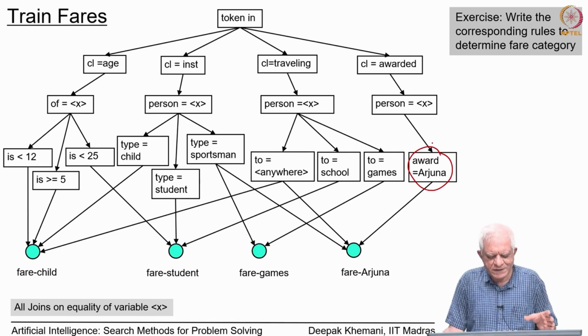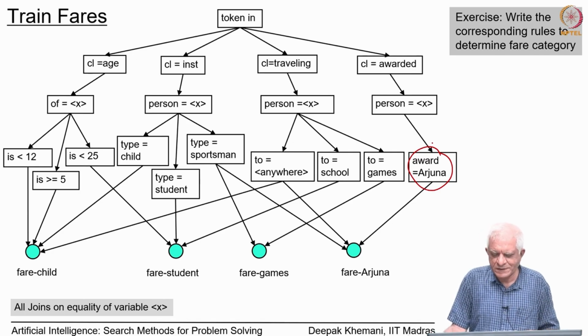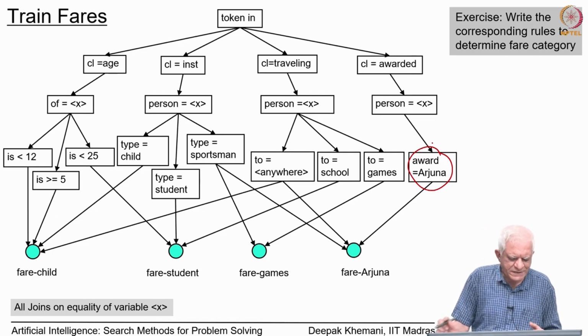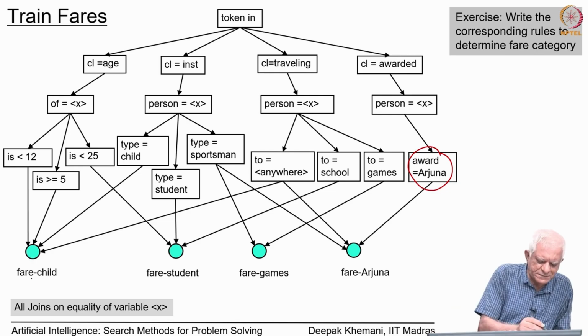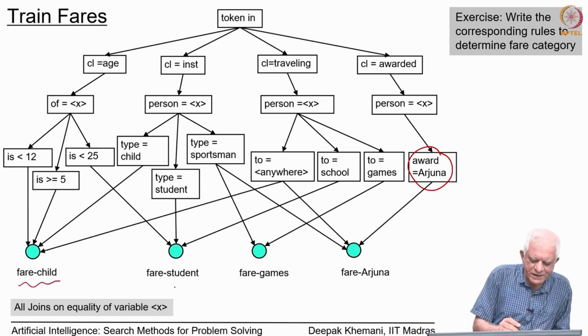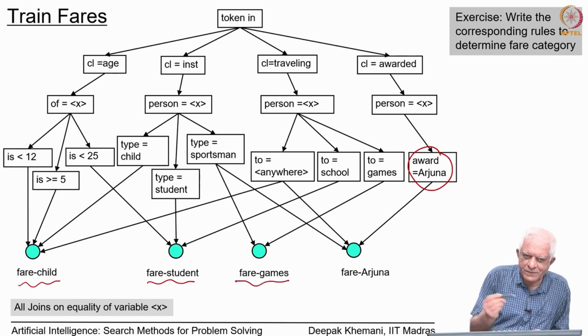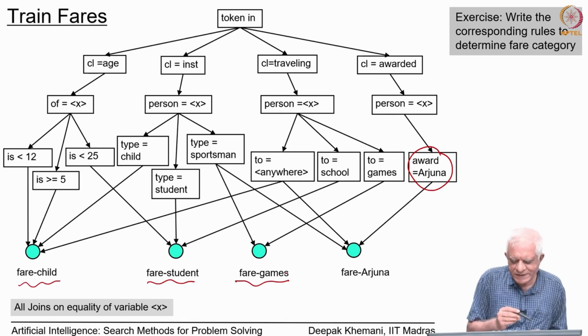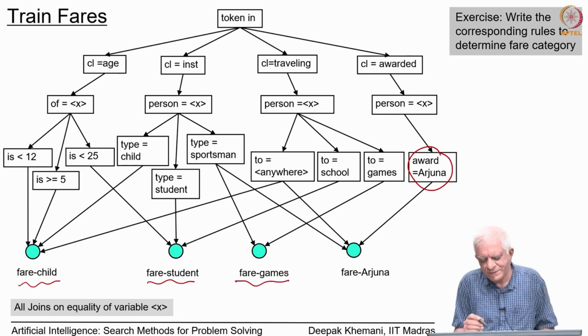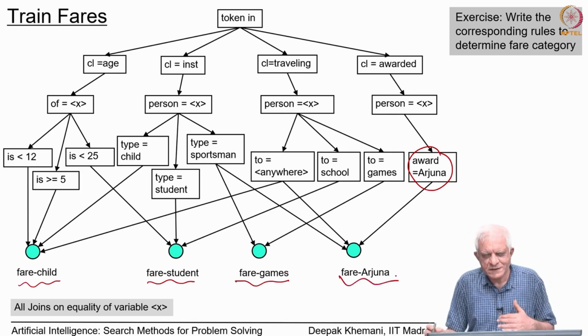I have not stated what the right hand side of the rules are. I have simply stated that there are 4 rules here. One is, what do you pay for a child, what do you pay for a student, and under what conditions. What do you pay if you are going to, let us say, take part in national games or something. What do you pay if you are an Arjuna awardee.